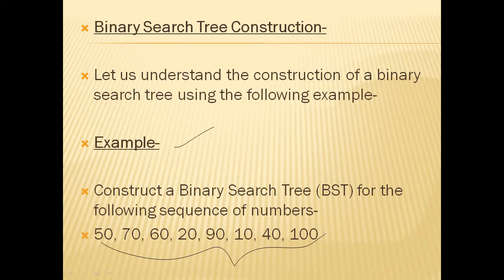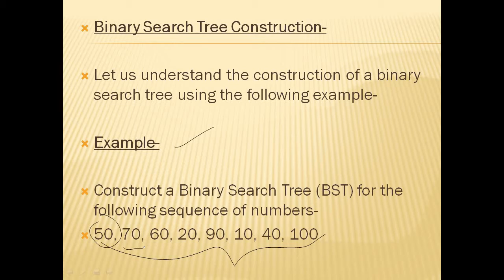Generally, the first element, whatever you have, you make it the root. And then we consider the next element. Assume the next element is 70. Where do we have to place it?